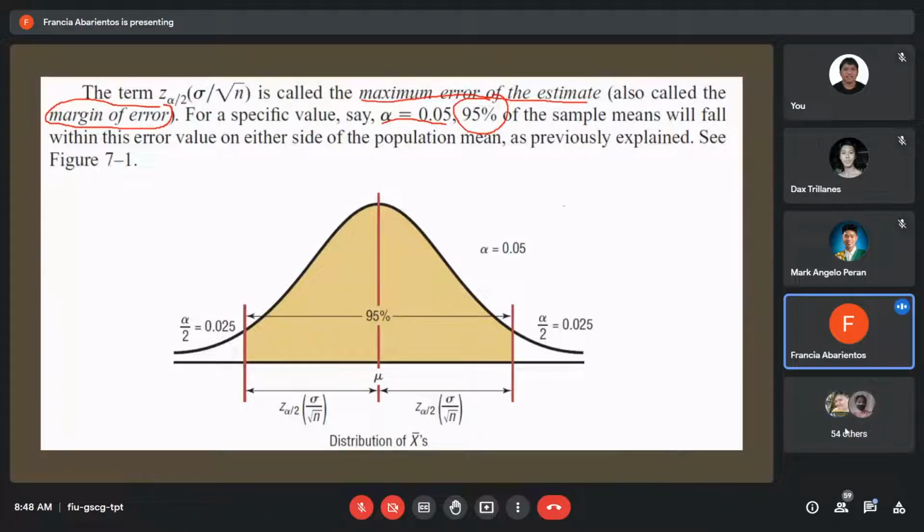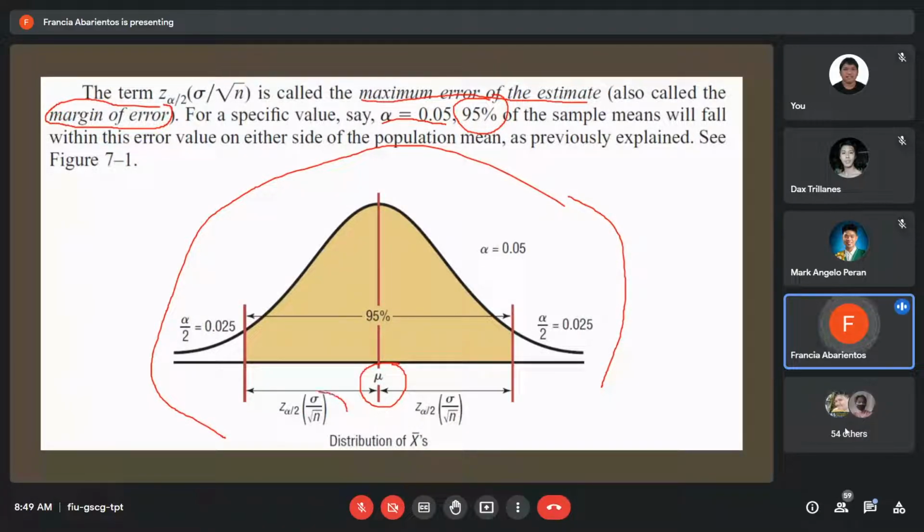So here, as shown in the figure, makikita nyo dito, class, that this is the 95%. So dyan nagpo-fall yung population mean natin. Okay? Yan, population mean. So this is now the interval. Makukuha natin yung interval natin using this.